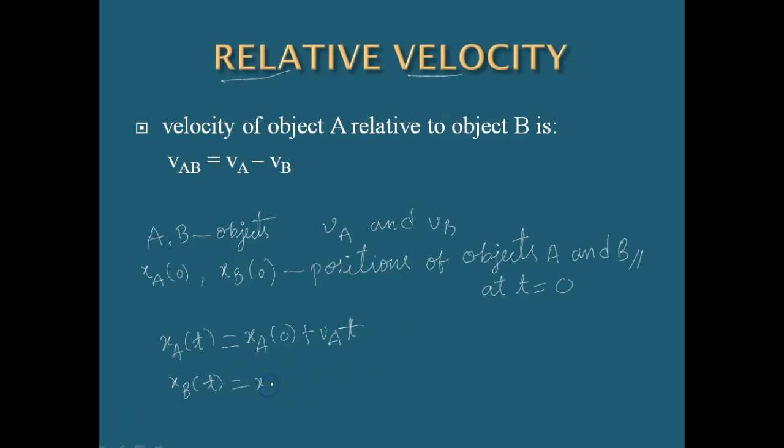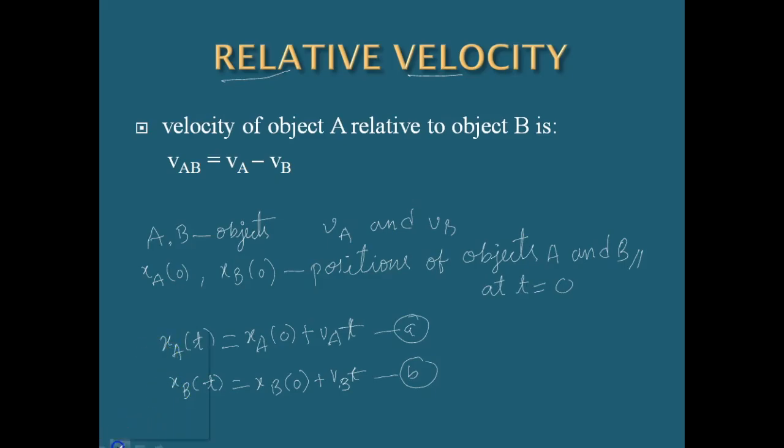And similarly this one is xb of 0 plus velocity VB of t. Then the displacement from object A to object B is given by the position of object B and the position of object A.